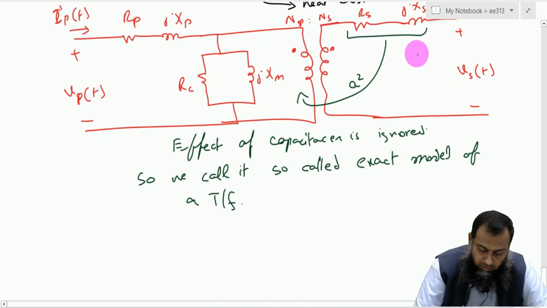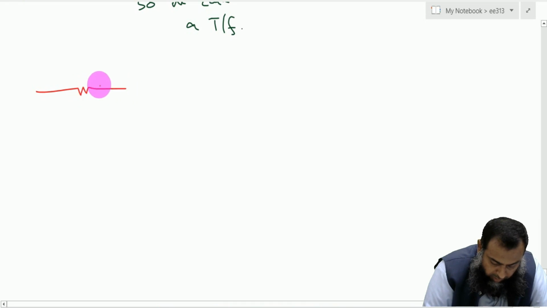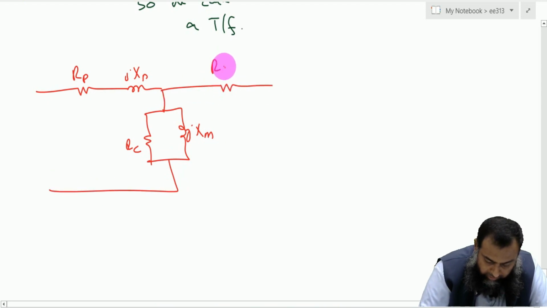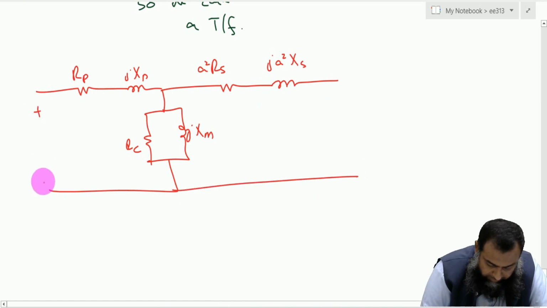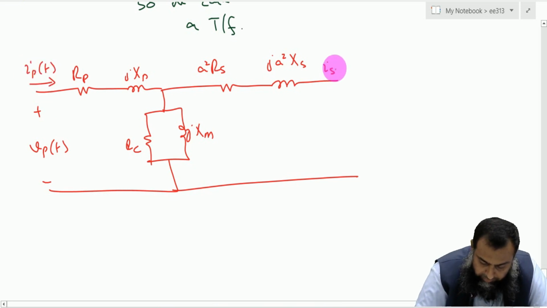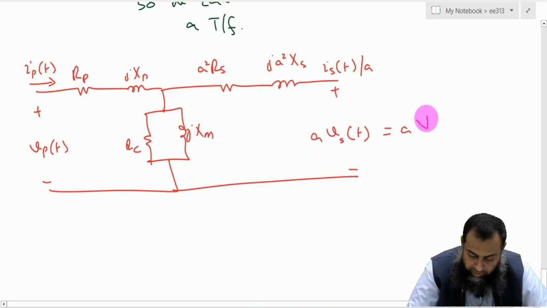So if we bring these onto this particular primary side, then we have the equivalent circuit: this is equal to RP, this is JXP, and here we have the RC, and then we have this JXM, and on this side we have this a square into RS, and here we have j a square into XS, and here we have the voltage VPT, this is the current IPT, this is the current IST over a, and here we have the VST into a, or that is also equal to a into VS.